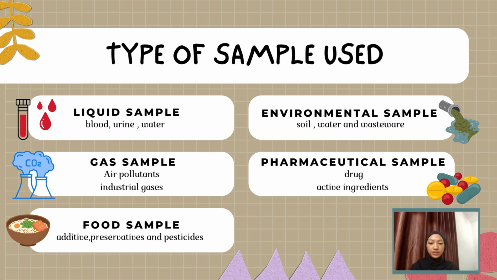Third, we have food samples. For food samples, we can look at additives, preservatives, and particles. Fourth, we have environmental samples, such as soil, water, and wastewater. Lastly, we have pharmaceutical samples, for example, drugs and active ingredients.